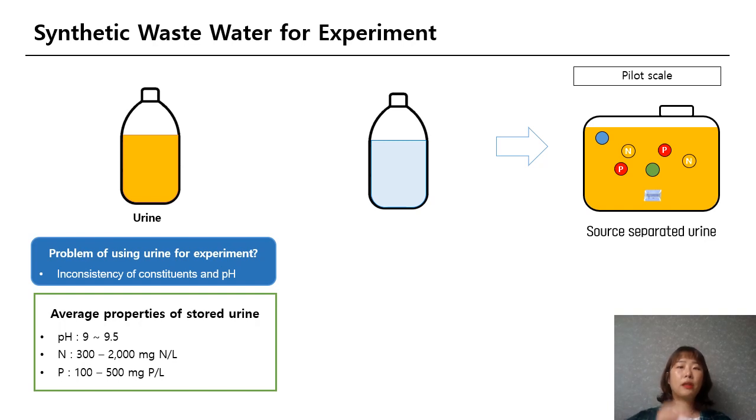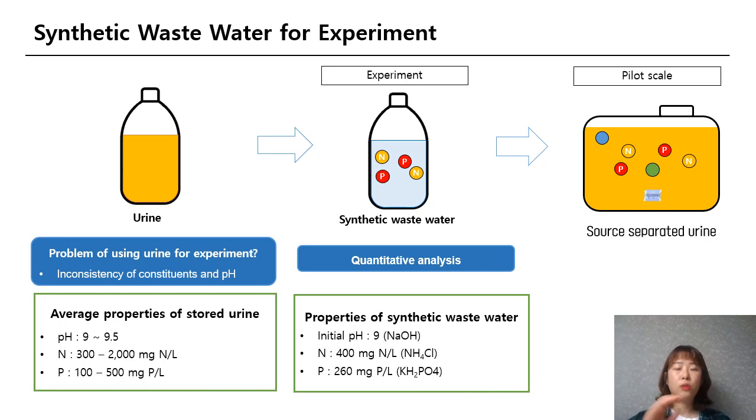Components of urine vary from person to person and easily change depending on how we store it. To observe nitrogen and phosphorus changes, experiments can be conducted by fixing pH, nitrogen, and phosphorus values for quantity analysis.